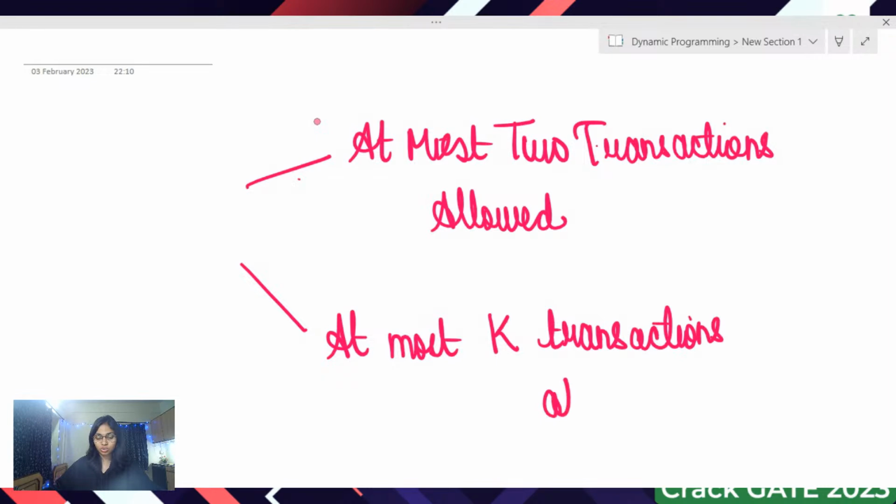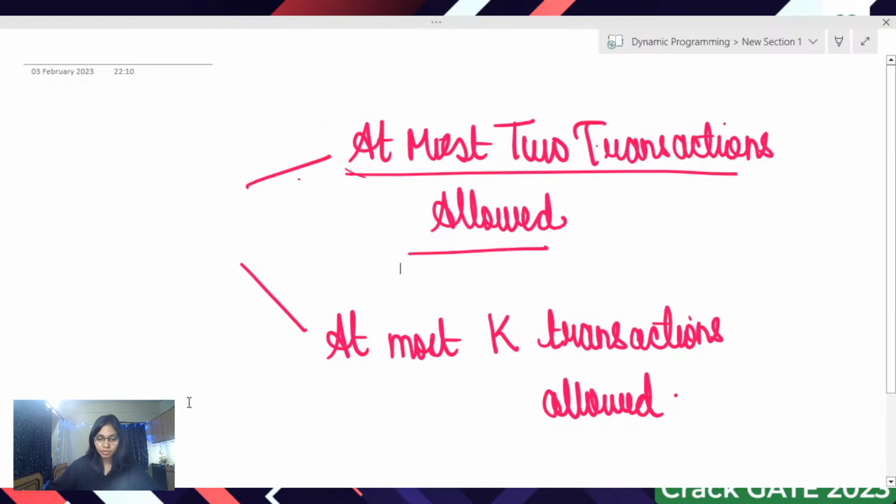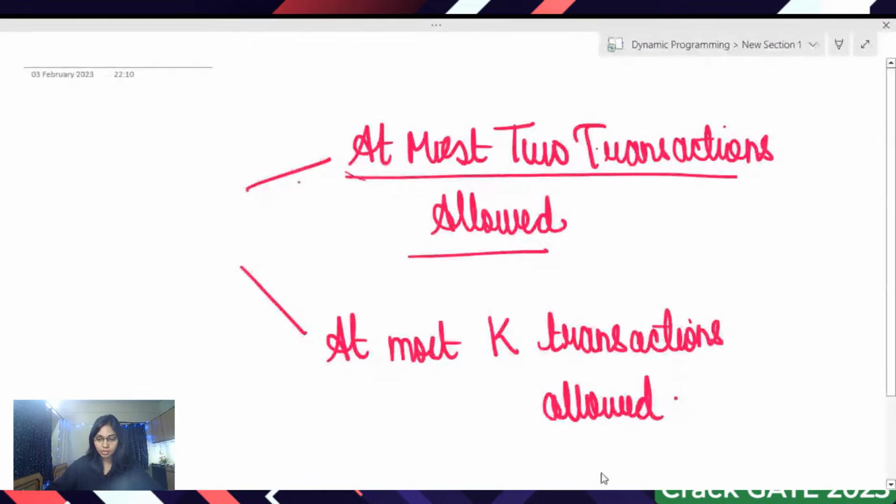These are the two questions we are going to discuss today. Let us first discuss when two transactions are allowed. Let me first read out the question statement so that it becomes clear.